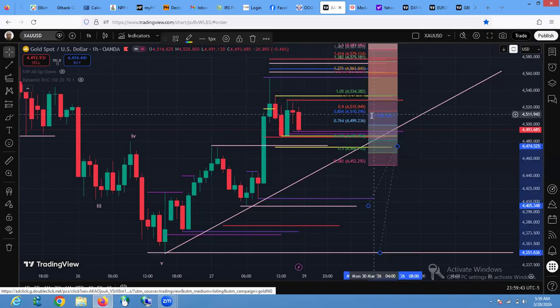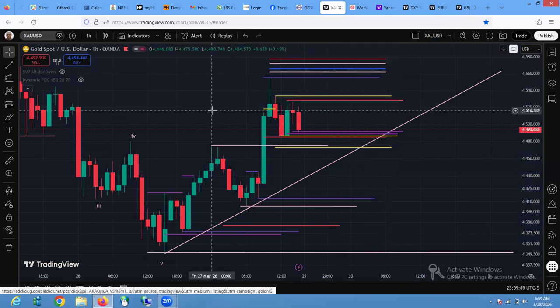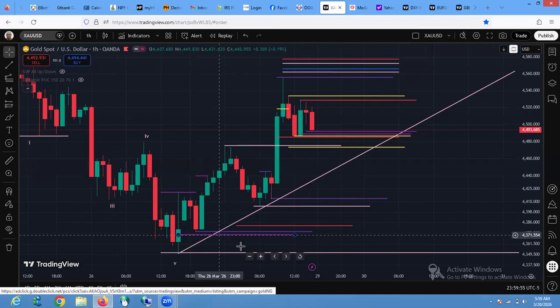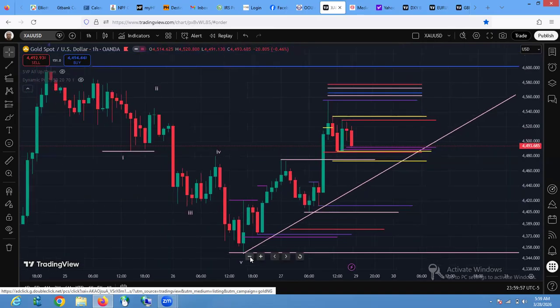So what I'm saying in essence is that this is not an impulse or a motive wave to the upside. Of course, it may have appeared impulsive here. It's not a motive wave to the upside. It's a corrective wave. That's what I'm trying to pitch here.